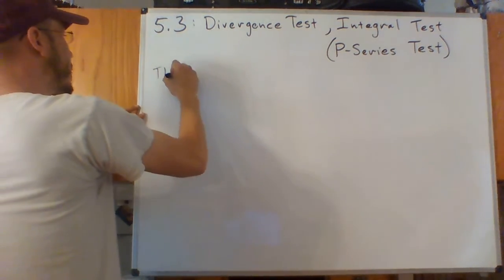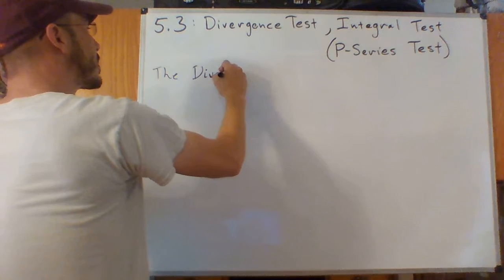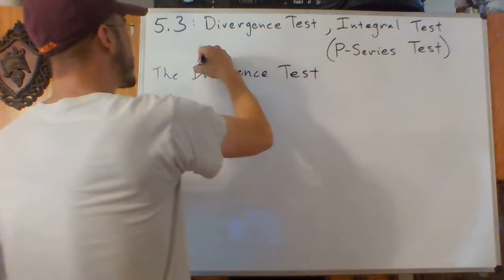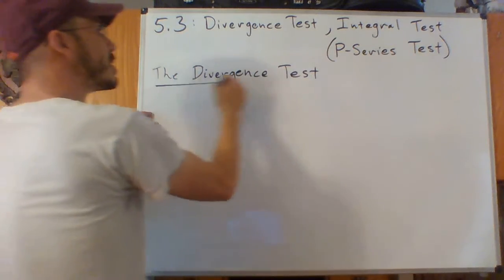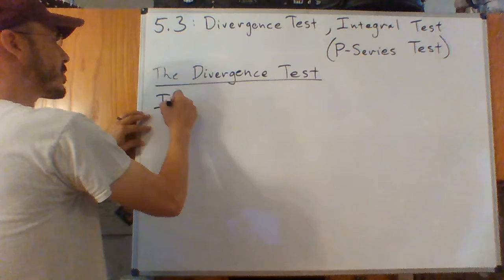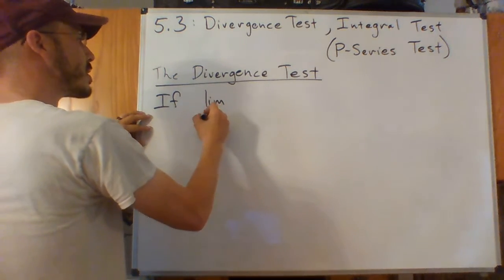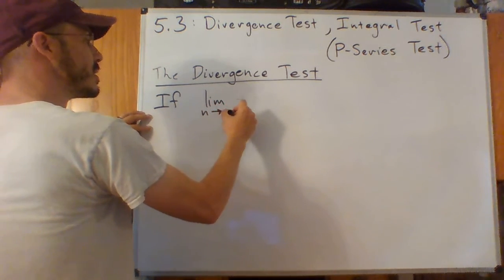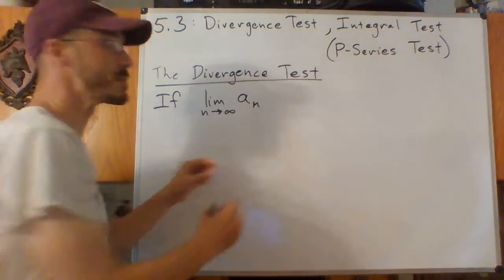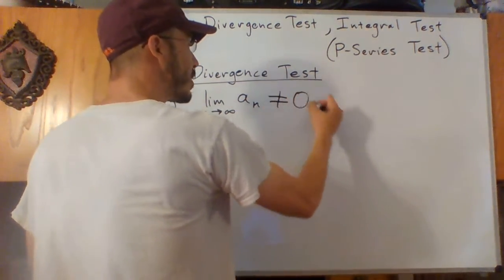And the divergence test, you can look in the book for a detailed version of it, but I like the simple version, which says if the limit as n goes to infinity of a_n, so the limit of the terms, is not equal to 0.